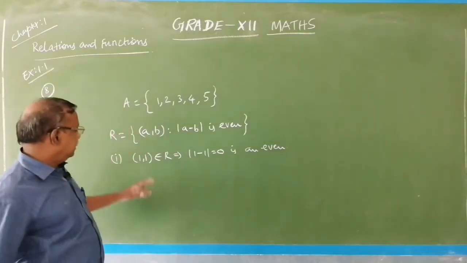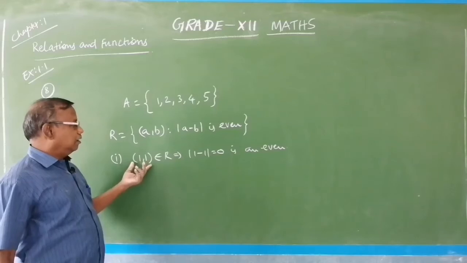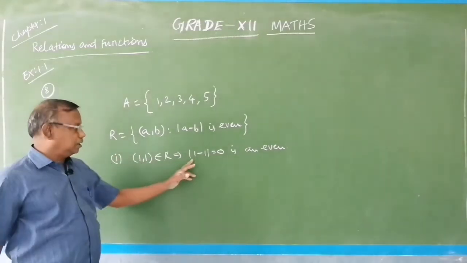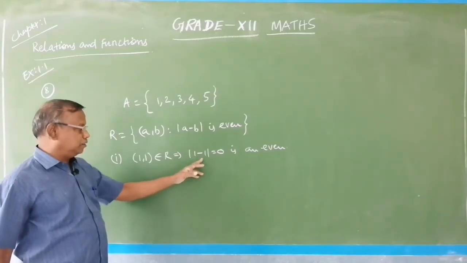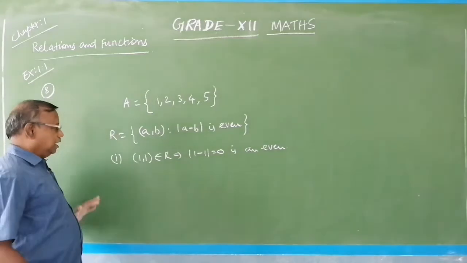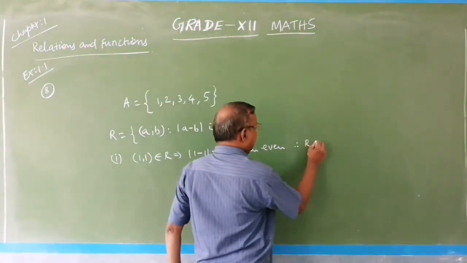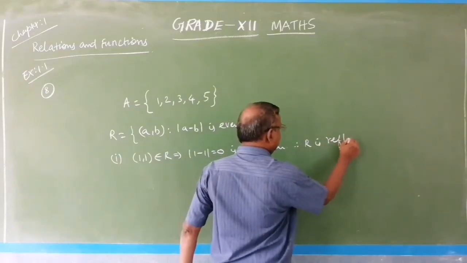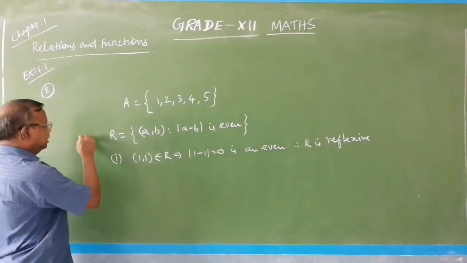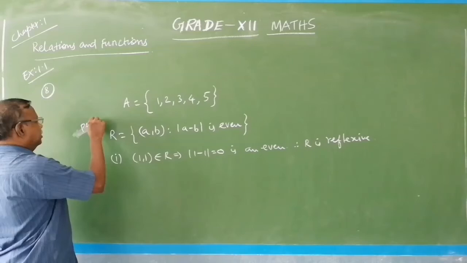Therefore, (1, 1), (2, 2), (3, 3), (4, 4), (5, 5) are all elements of relation R, because modulus of 1 minus 1 or 2 minus 2 is equal to 0, and 0 is an even number. Therefore, it satisfies. Hence, R is reflexive. Let this be part A.